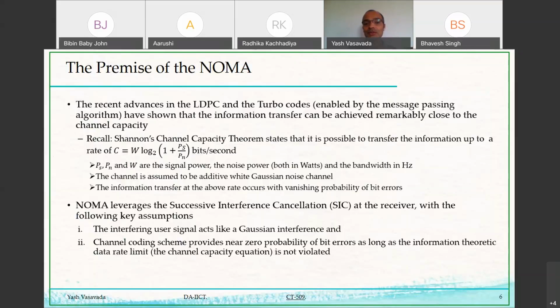But if you are using channel code, and if that channel code is able to clean up all the errors, then actually SIC will work very well. And so that is the main paradigm shifting idea that NOMA brought about. The main idea is still successive interference cancellation, but the added twist is that SIC is performed in conjunction with channel coding.